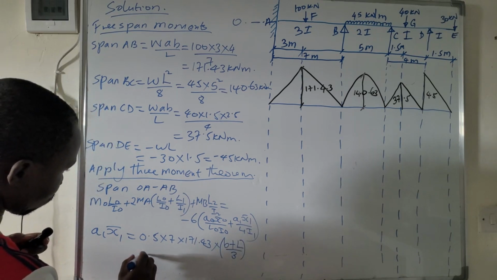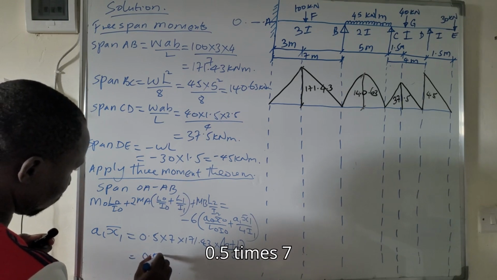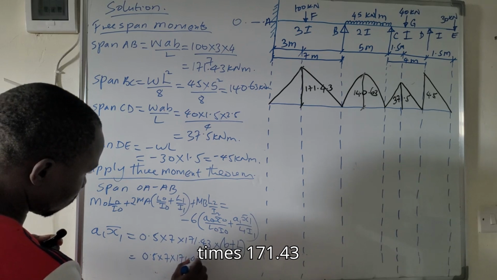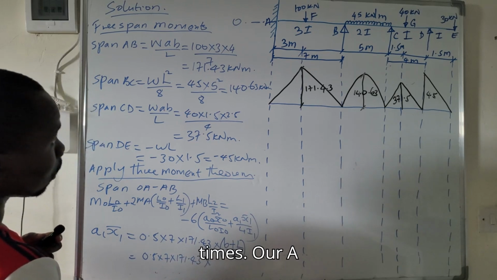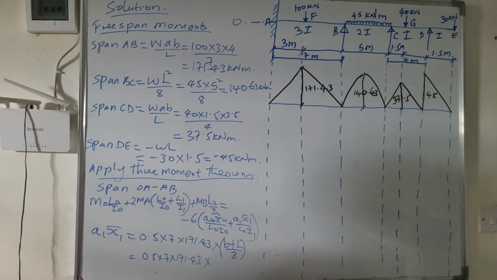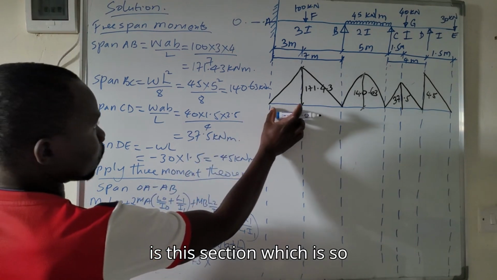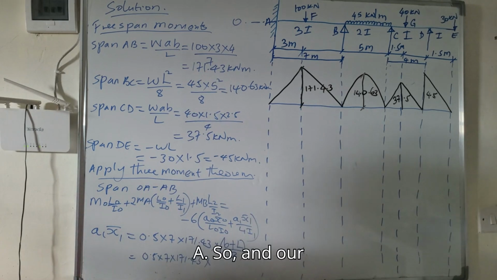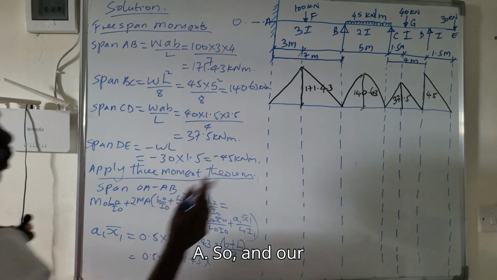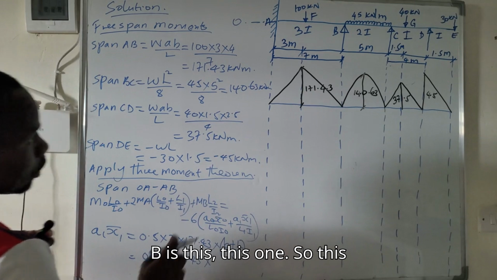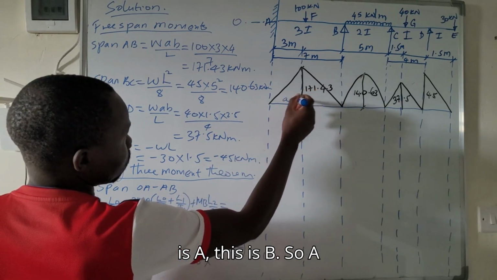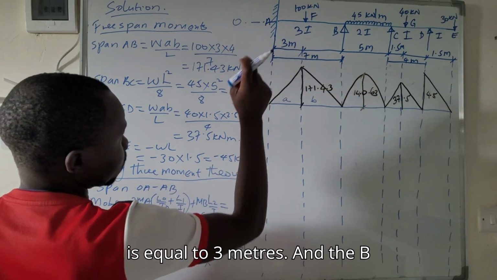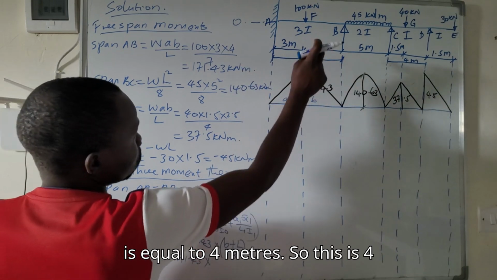So 0.5 times 7 times 171.43 times our A is this section which is so close to our common joint A. And our B is this one. So this is A, this is B. So A is equal to 3 meters and B is equal to 4 meters.